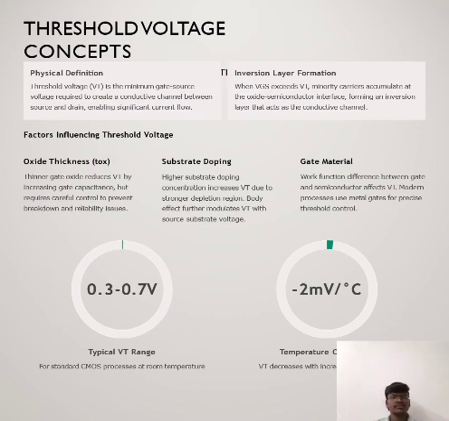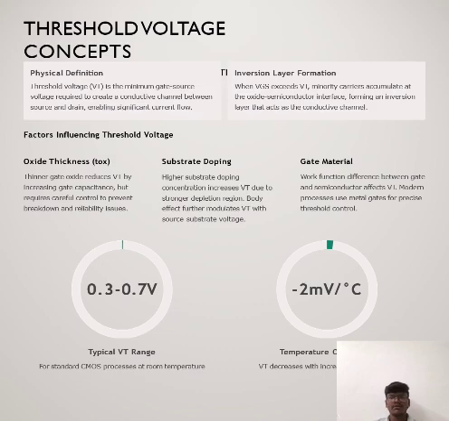Factors influencing threshold voltage. Oxide thickness: a thinner gate oxide reduces VT by increasing gate capacitance, but requires careful control to prevent breakdown and reliability issues. Substrate doping: higher substrate doping concentration increases VT due to a stronger depletion region; body effect for modules with source substrate voltage.